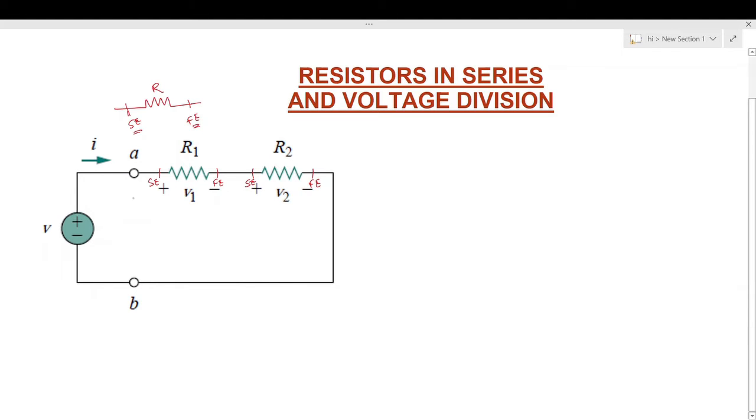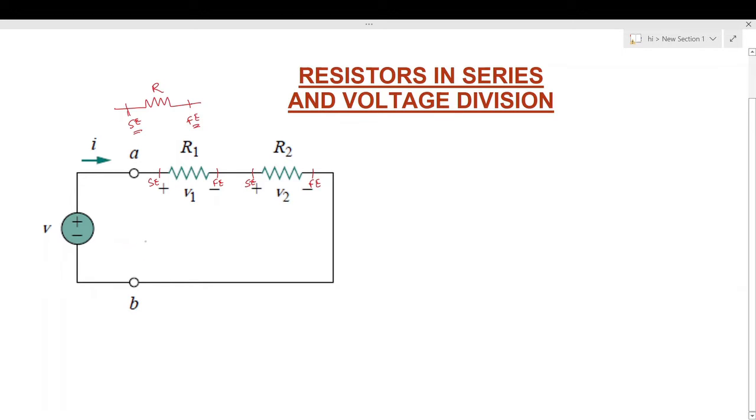Now in this video we intend to find out the equivalent resistance of this circuit and the amount of current flowing through this circuit, because the circuit current and the current through the individual resistors will be the same.